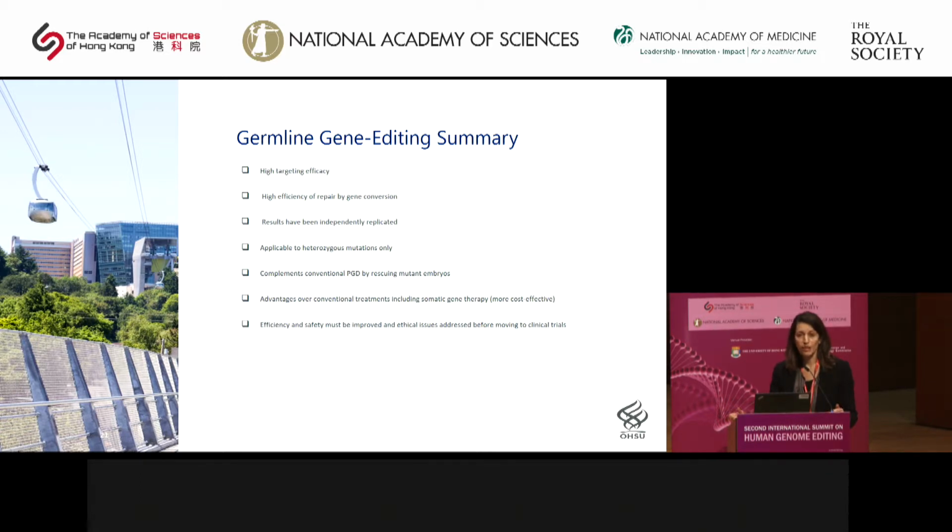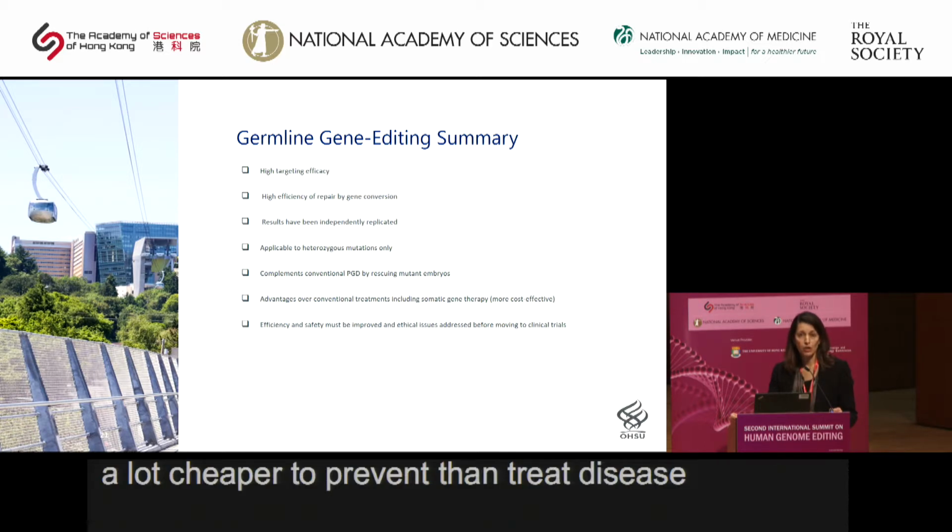If you can prevent disease simply from a healthcare cost savings point of view, it's a lot cheaper to prevent a disease than have to treat it once it occurs. But we strongly believe that the efficiency, safety, and ethical concerns need to be addressed before moving this work to clinical trials.